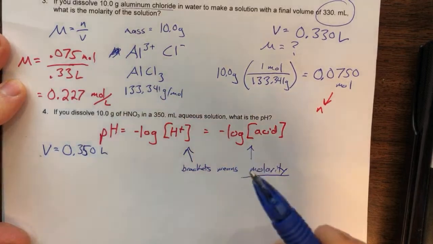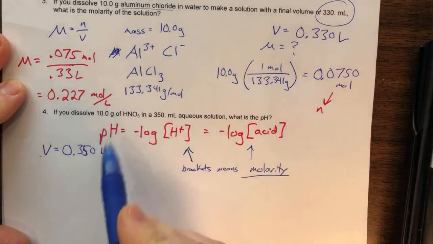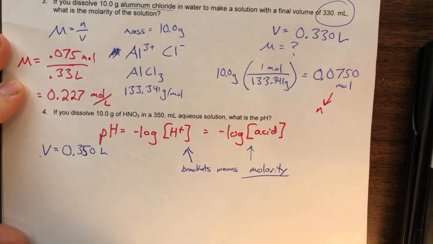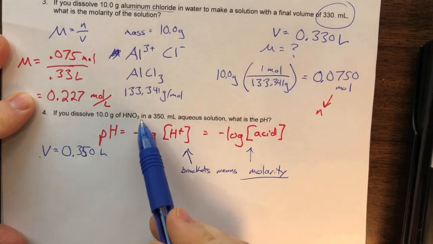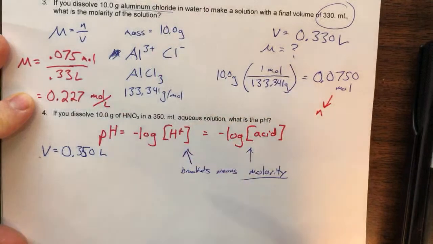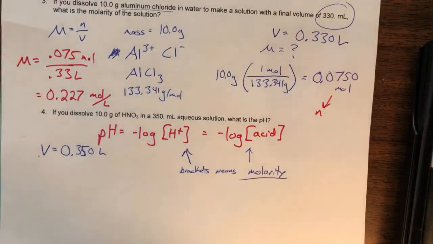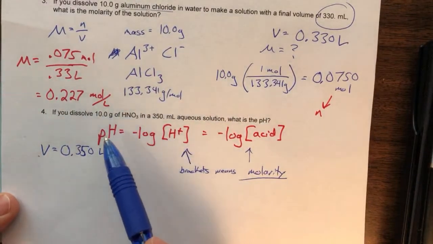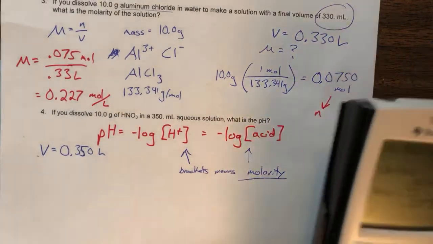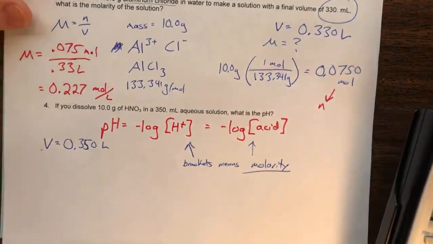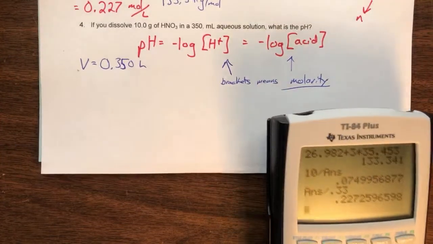And our moles, once again, we don't know the moles. We have the mass, 10 grams, so we need to convert that to moles. But we have nitric acid, not aluminum chloride, so once again we need to calculate some other molar mass. For the molar mass of nitric acid, we need to look at the periodic table. Let's move this up.